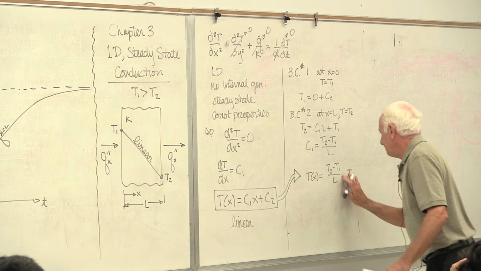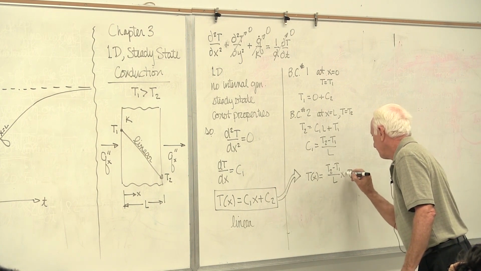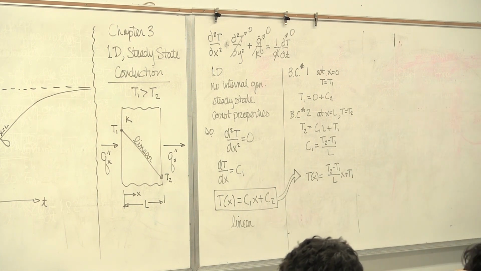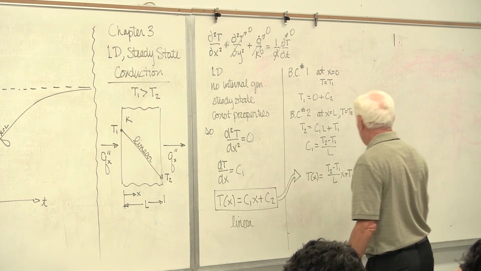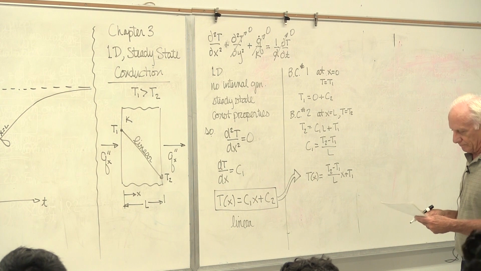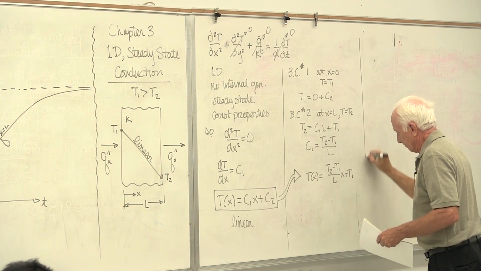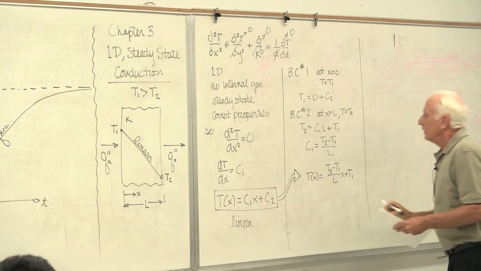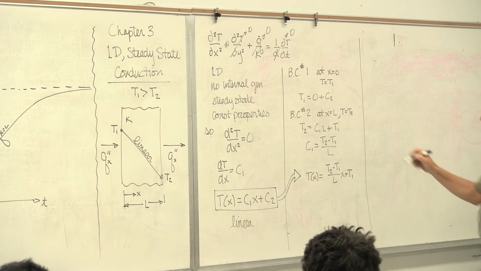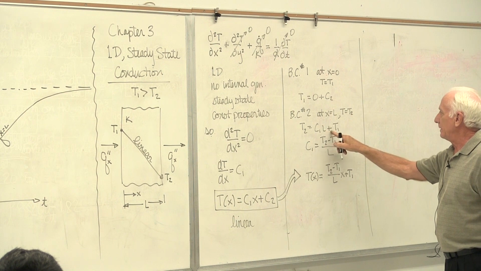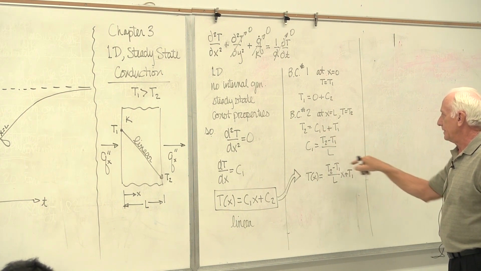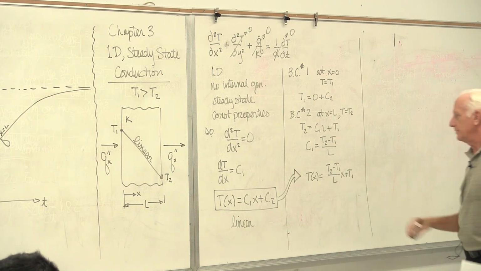Oops, I got to put an x in there. There we go. Okay, let's see, we got that guy, we plugged him in there, T2 minus T1 divided by L, that's C1, and C2.